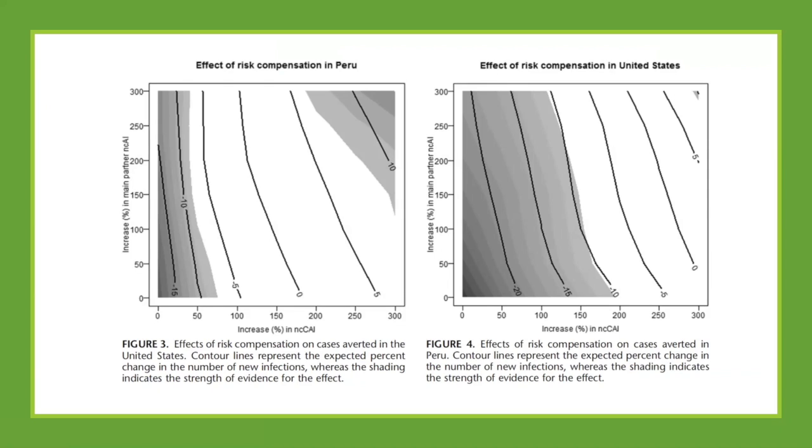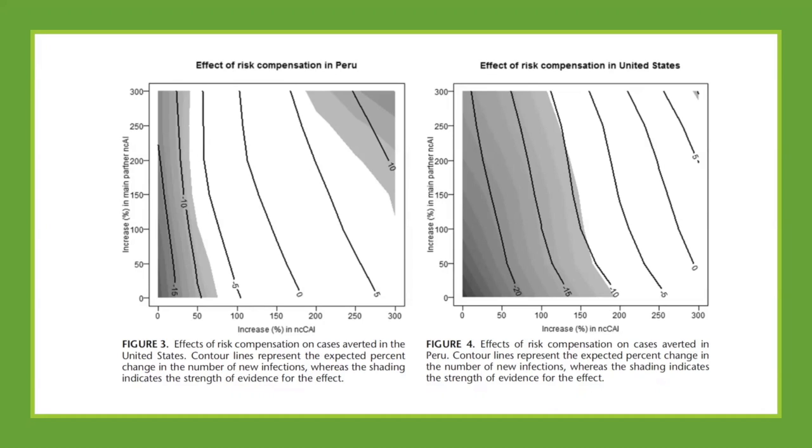And then the shading is sort of our strength of evidence. So basically we have pretty strong evidence that regardless of how much main partnership activity increases, we can up to 150% increase, so between double and triple, casual activity, and still maintain something like a 10% increase in incidence.